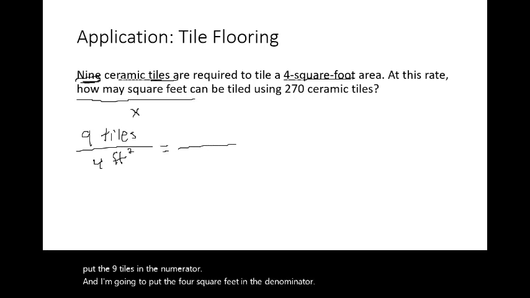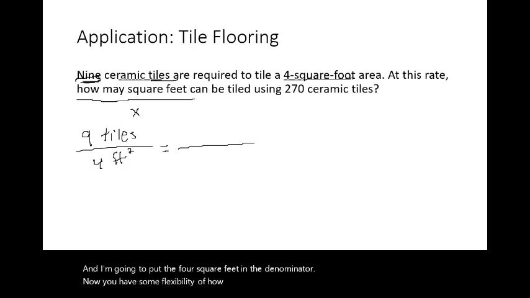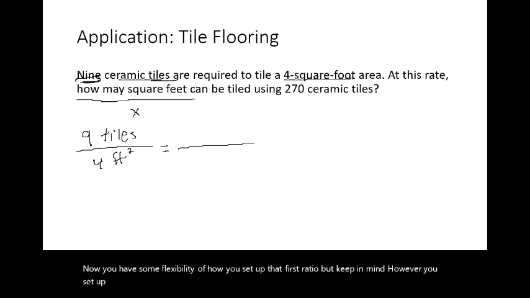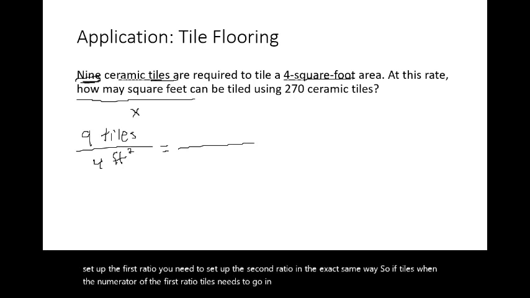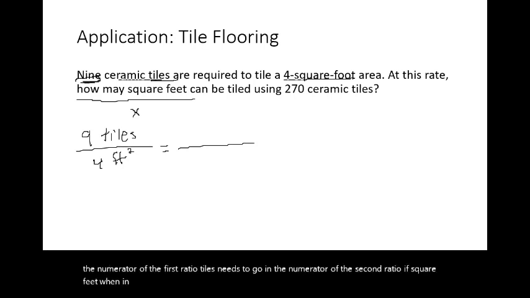Now, you have some flexibility of how you set up that first ratio, but keep in mind, however you set up the first ratio, you need to set up the second ratio in the exact same way. So if tiles went in the numerator of the first ratio, tiles needs to go in the numerator of the second ratio. If square feet went in the denominator of the first ratio, square feet needs to go in the denominator of the second ratio.